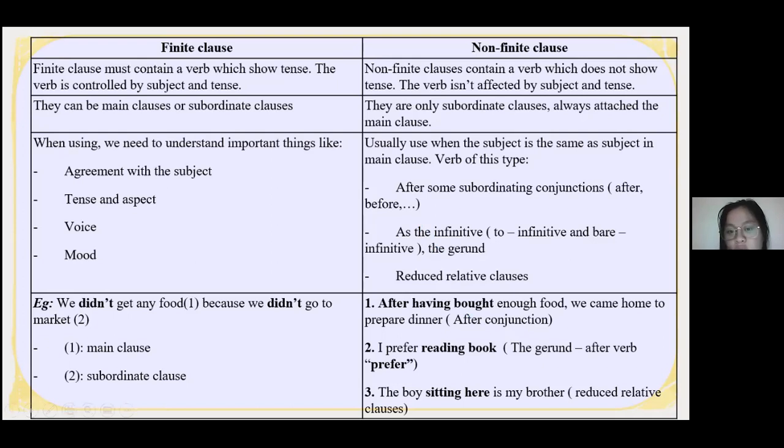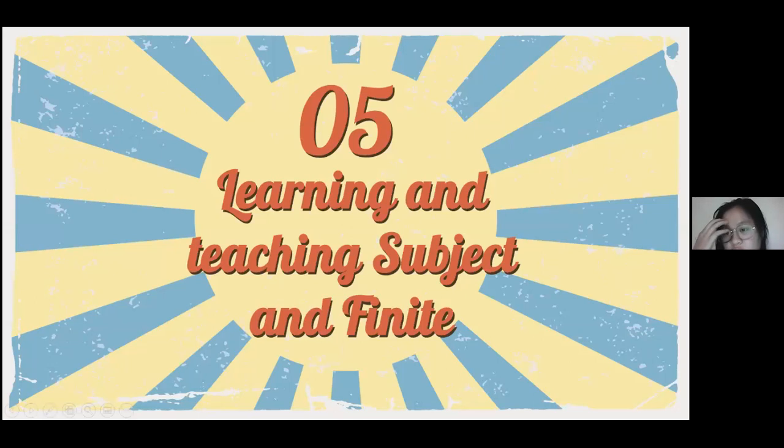The second one is: I prefer reading books. The non-finite clause is formed from the gerund after the verb prefer. And the last sentence is: the boy sitting here is my brother. It is formed as a relative clause. And for the next one, my partner will talk about it.